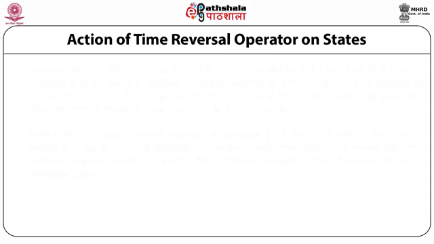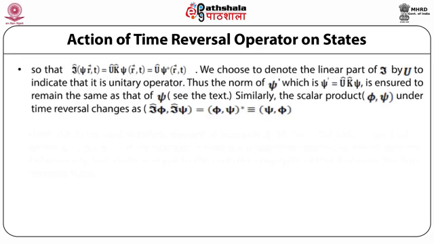Action of time reversal operator on states. Now, after having studied that the time reversal operator is actually a product of the linear operator U times the complex conjugate operator K, we can see the effect of the time reversal operator acting on the wave function ψ.